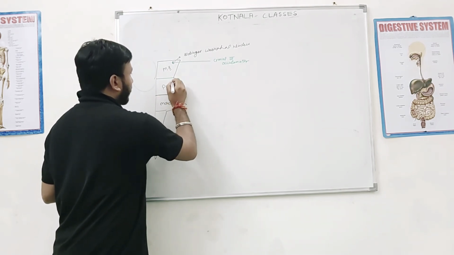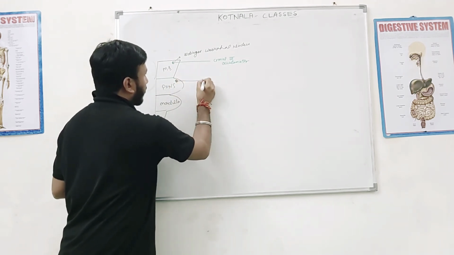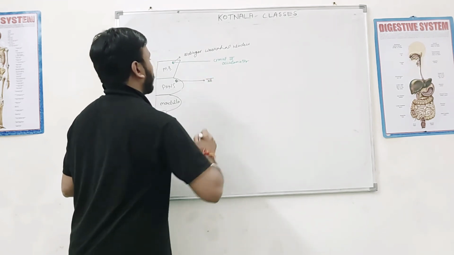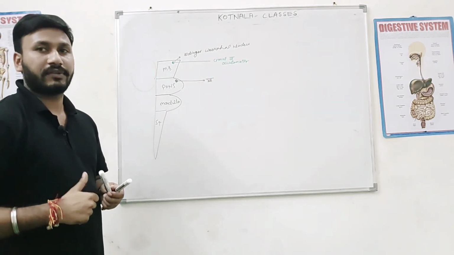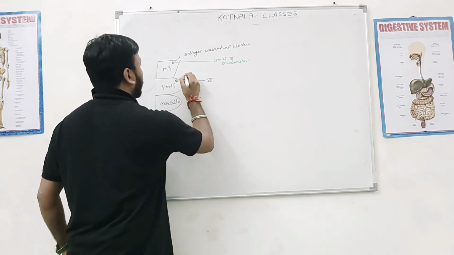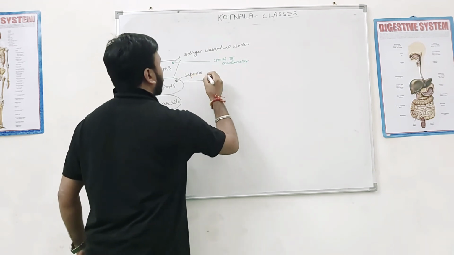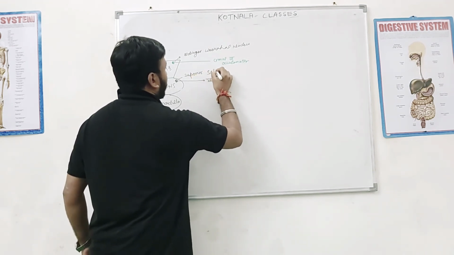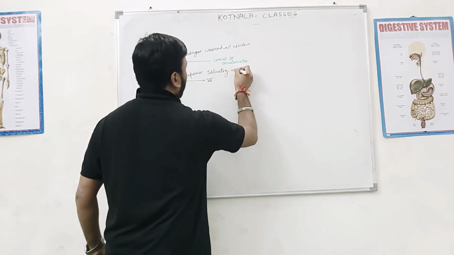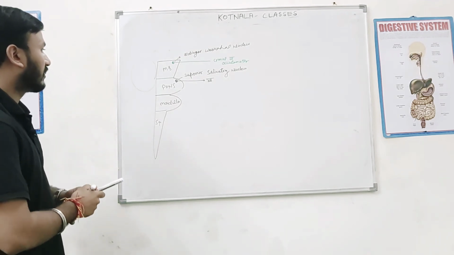Cranial nerve number 7 comes from the superior salivatory nucleus. Okay, this is the nucleus for cranial nerve 7.